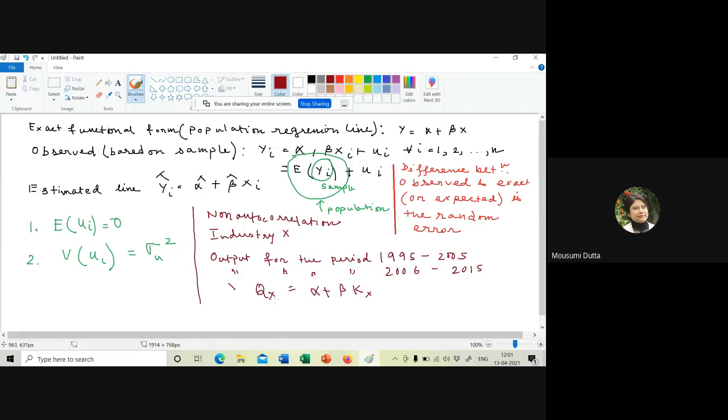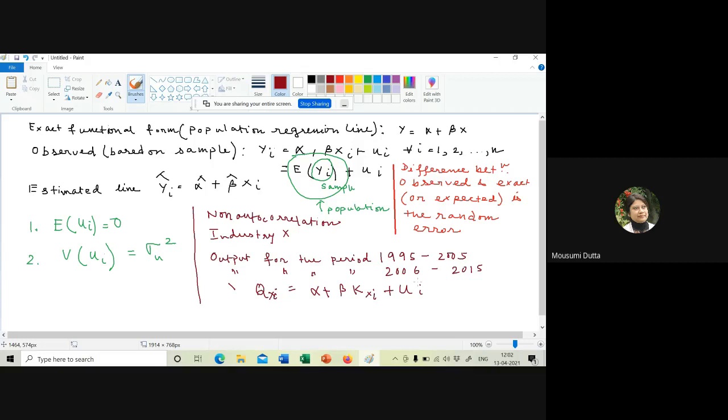So I'm putting i here, and this kind of framework I am considering. Now Ui, when I am considering the first period, captures the essence of all other explanatory variables apart from capital.